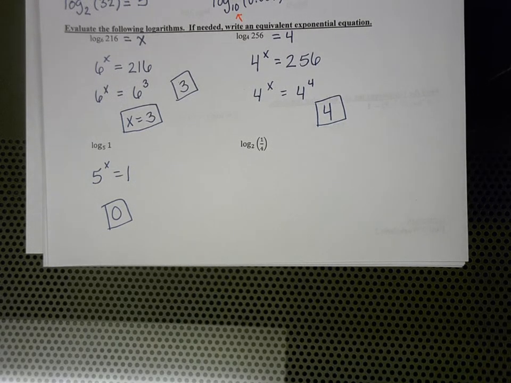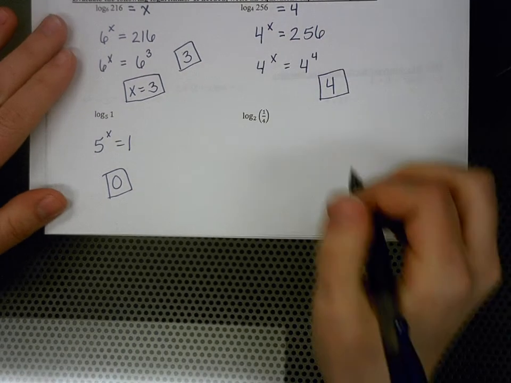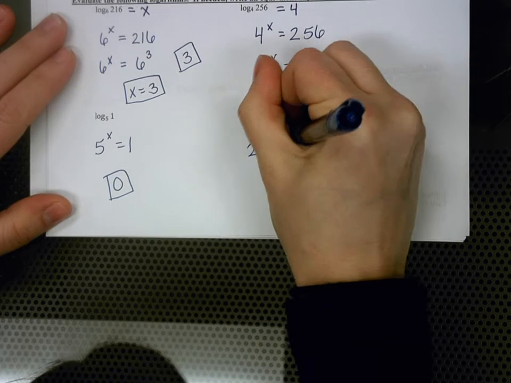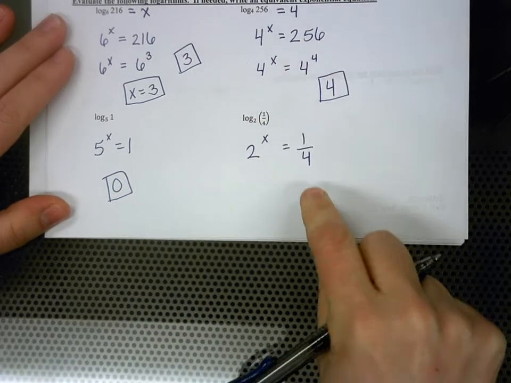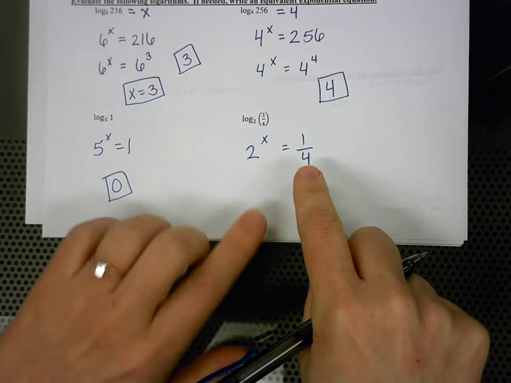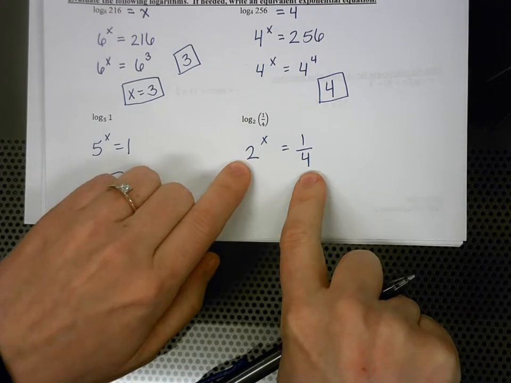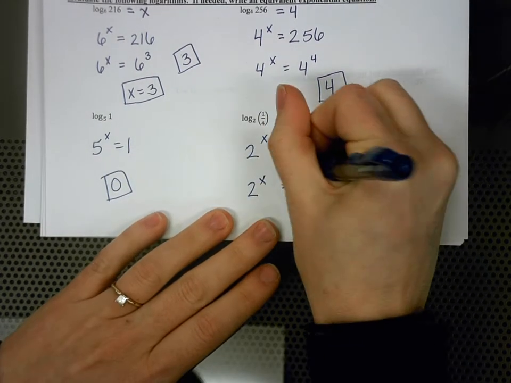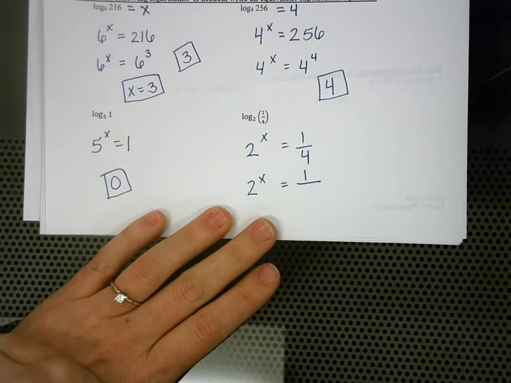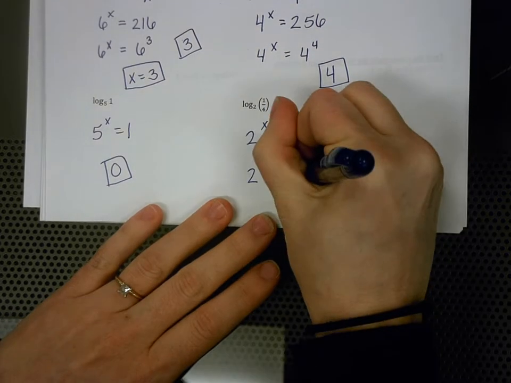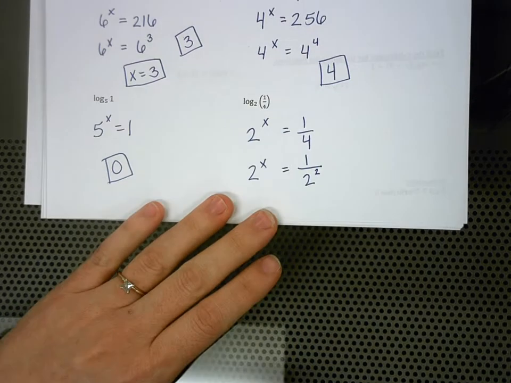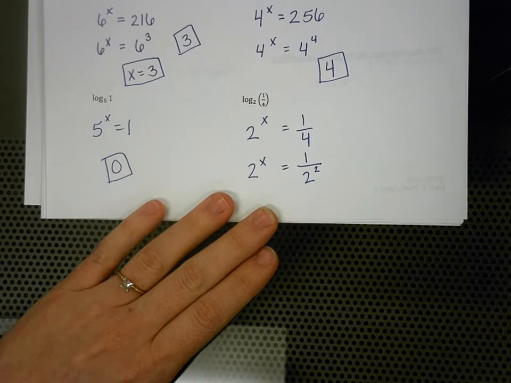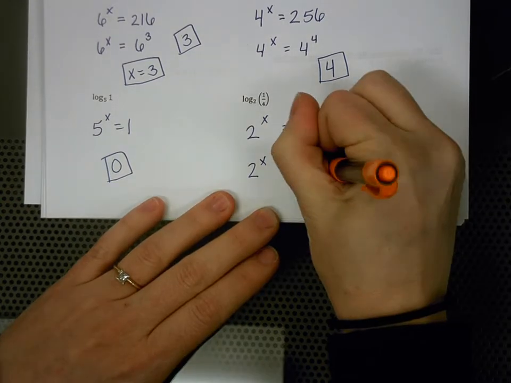Next one, 2 to what power gives you 1/4? Now remember with these fractions, I want to rewrite them with the same base first. So how do I rewrite 4 with a base of 2? 2 times 2 is 4, so 2 squared. But one's in the numerator here and one's in the denominator, so I'm going to move this one across the fraction line.